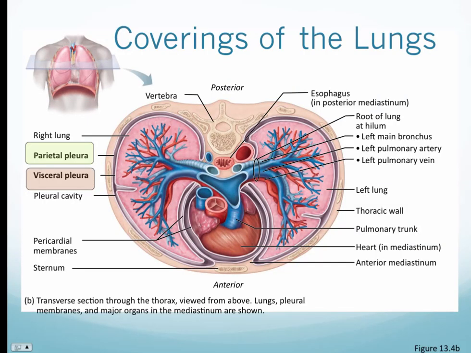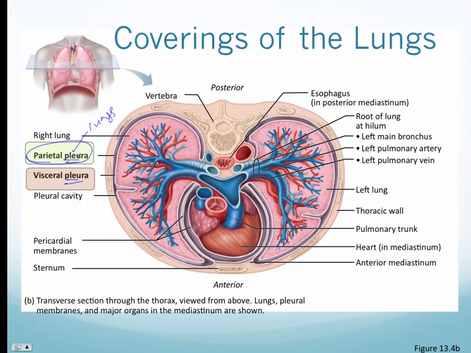If you take a cross-section of our thoracic cavity and we look at the coverings of the lungs, you remember this pleura being that serous layer, meaning anytime we have an enclosed cavity lining an organ and the cavity itself, we're talking about those serous membranes. Parietal being this outermost membrane, pleura, dealing with lungs.